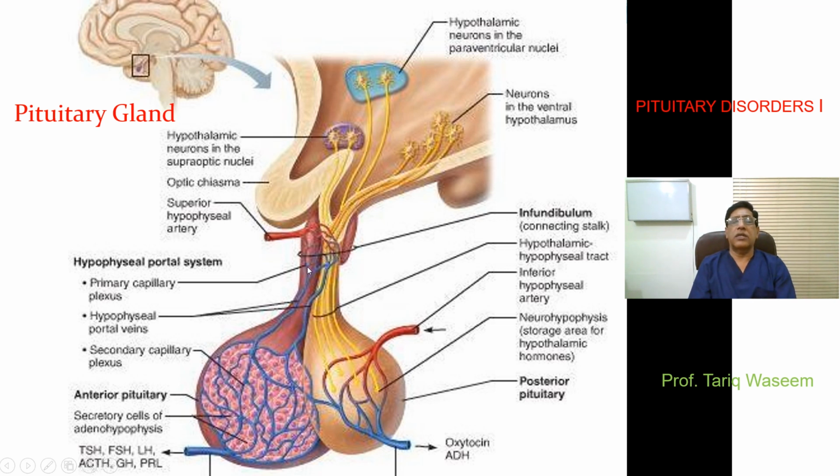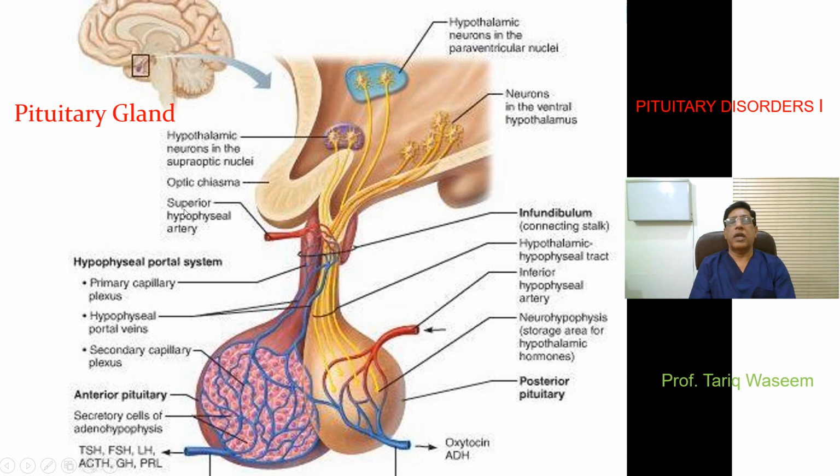As far as the anterior pituitary is concerned, the hormones we described are thyroid stimulating hormone, follicle stimulating hormone, luteinizing hormone, adrenocorticotropic hormone, growth hormone, and prolactin. They are all produced by the anterior pituitary under the effect of the hypothalamic secretions, which are transported to it through blood.